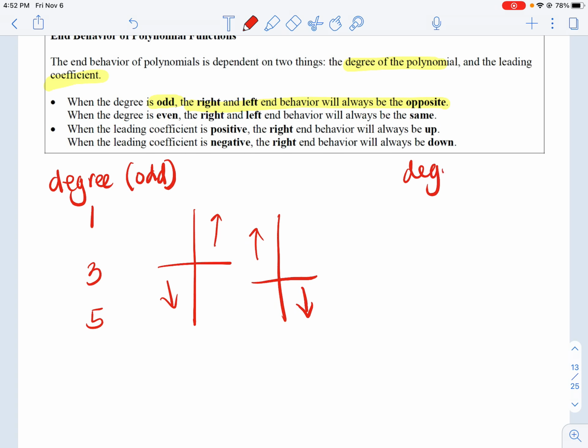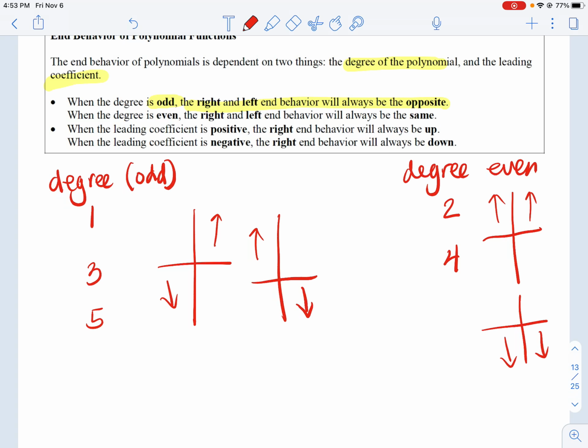But if the degree is even, what are the ones that we have? We had a 2 and we had a 4. If the degree is even, then we only have two ways. They either both go in the same direction facing up or the same direction facing down. Now, when the leading coefficient is positive, the right will always be up.